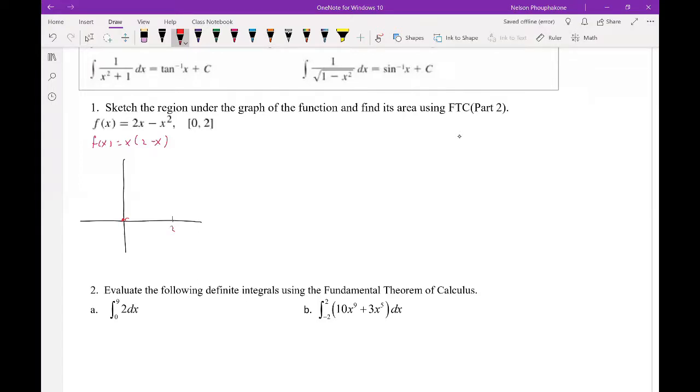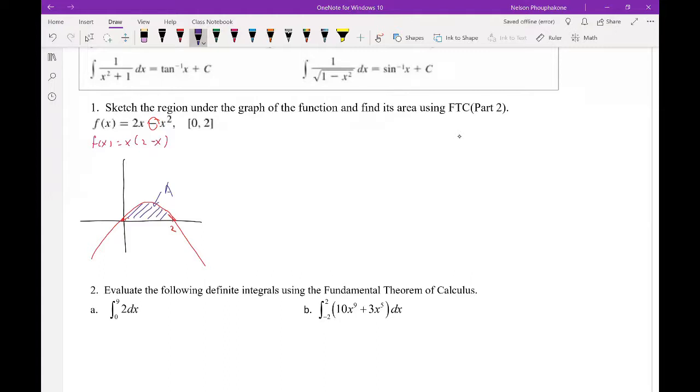The coefficient of x squared is negative, meaning the parabola opens down. So right now, we are looking for this area right here.